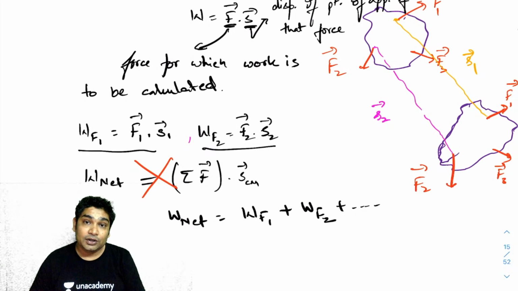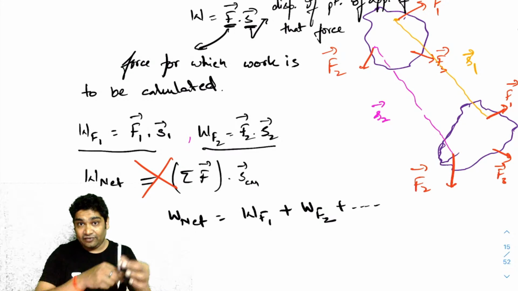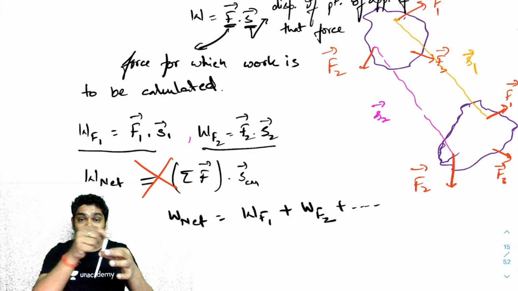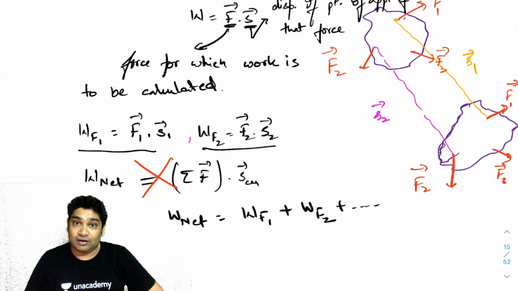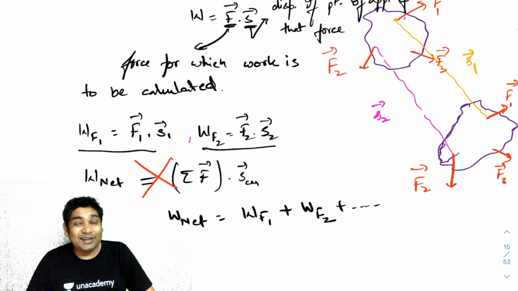Do not use summation F times S, because if I'm talking about this situation, then what is the S that you will take? Every point is getting displaced by a different displacement, so you never use that. Only in two cases does this tend to hold true, and that is what leads people to wrongly think this is what you will do.